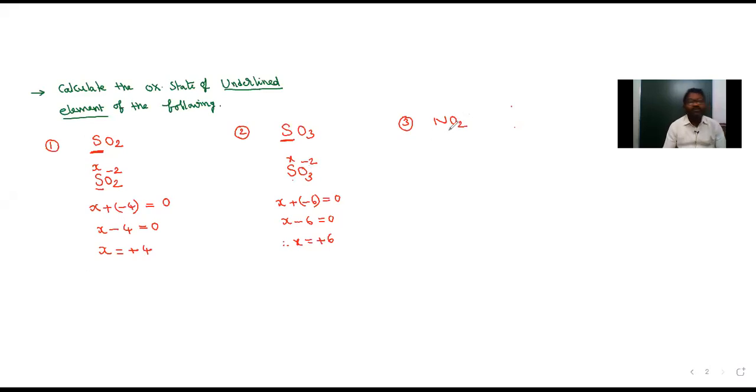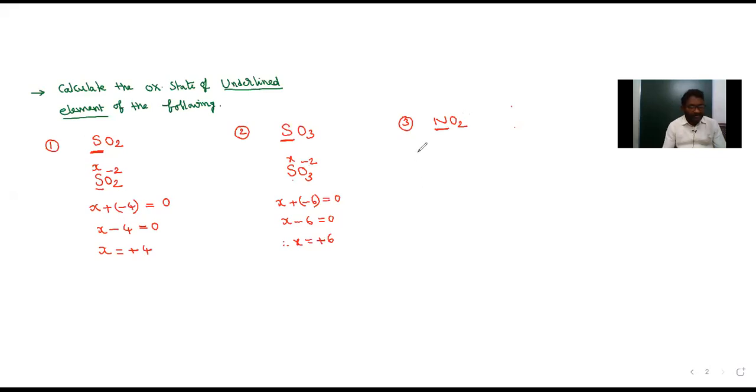In NO2, I want the oxidation state of nitrogen. You try. Yes, +4 is correct.